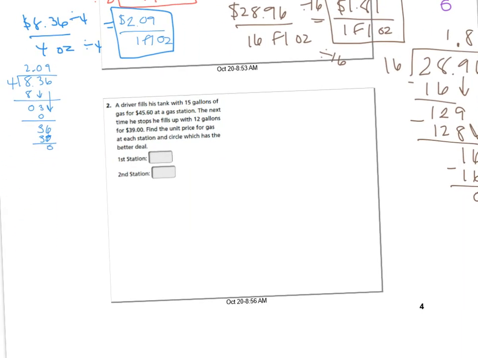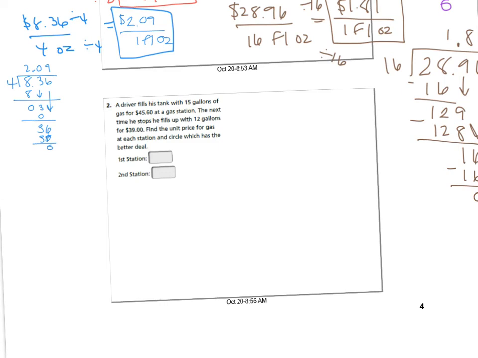Alright, so a driver fills his tank with 15 gallons of gas for $45.60. The next time he stops, he fills up 12 gallons for $39. Find the price of gas for each station and circle the one that's a better deal. So now I'm going to have you pause this video and do what we just did. So we have our 2 rates.